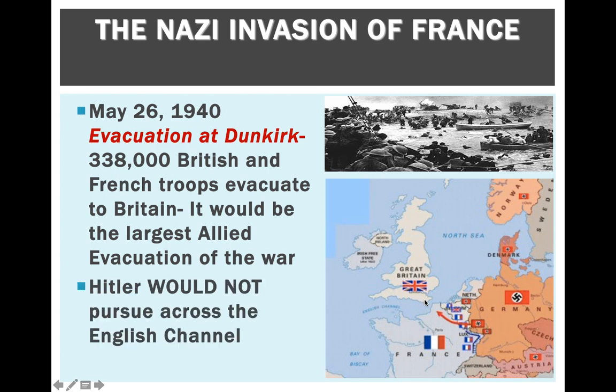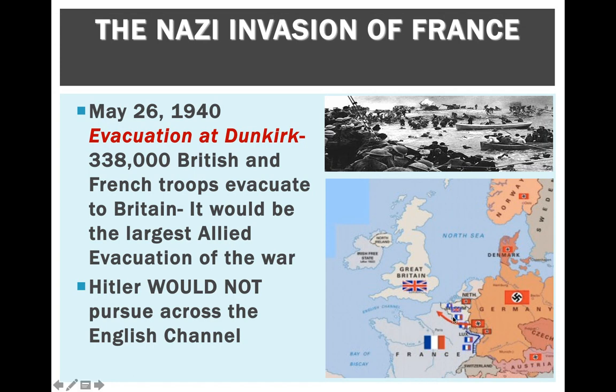What's unique about this is Hitler pushes these 338,000 troops, British and French, to the English Channel. They have to evacuate. They're going to be escorted by civilians at one point across the channel, which was an awesome story in itself, that civilians came to the aid of British and French soldiers.